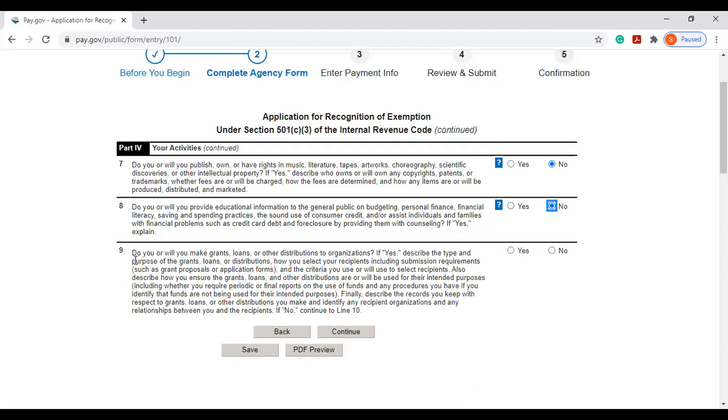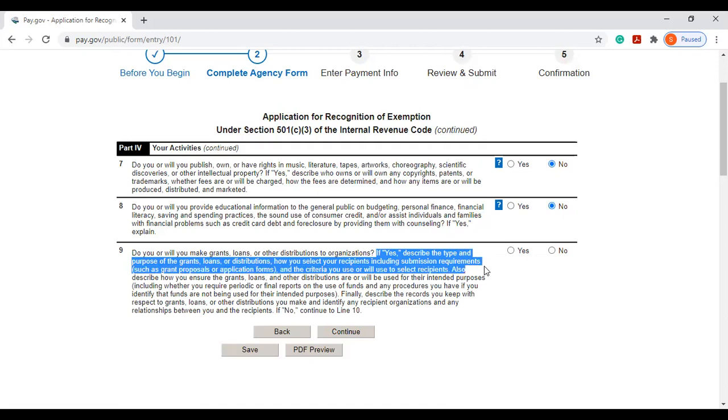The next question under part 4, your activities. Do you or will you make grants, loans, or other distributions to organizations outside of your own? If yes, describe the type and purpose of the grants, loans, or distributions, how you select your recipients, including submission requirements, such as grant proposals or application forms, and the criteria you use or will use to select recipients.